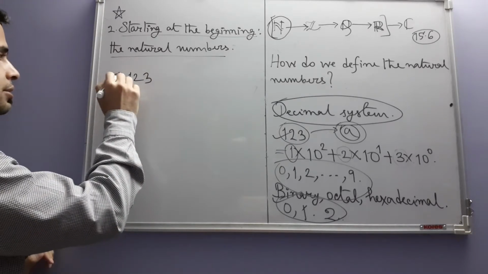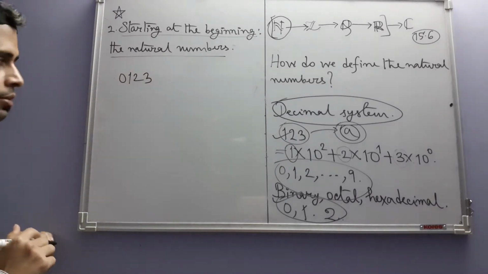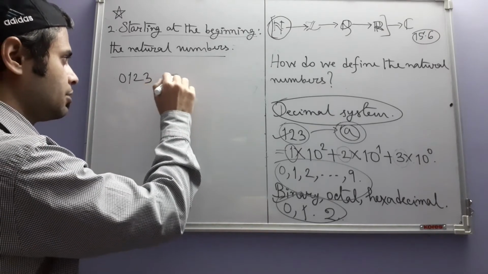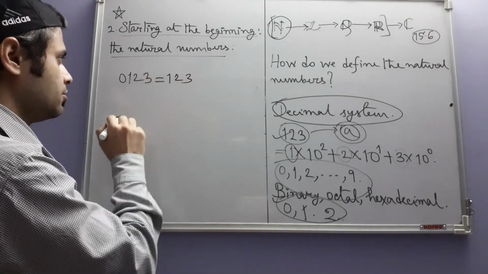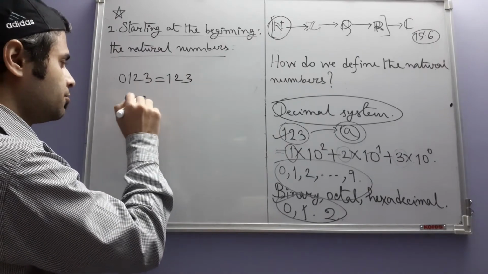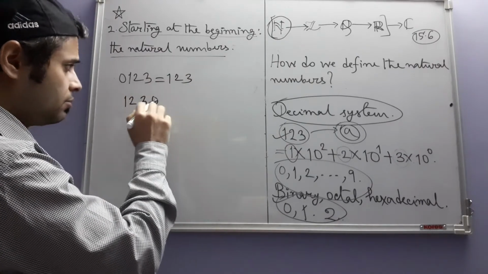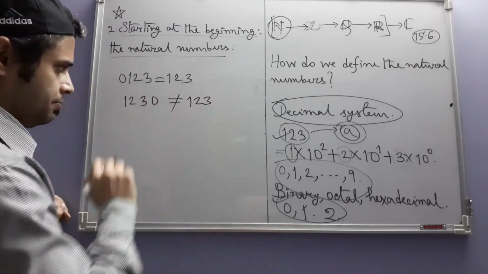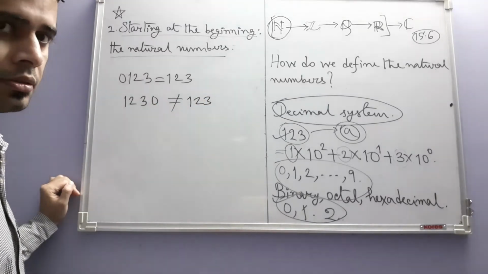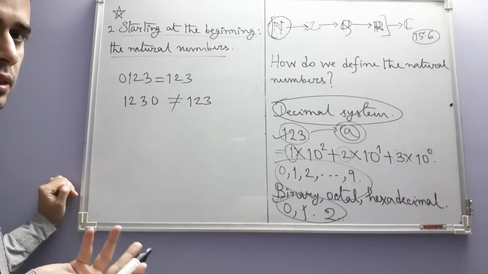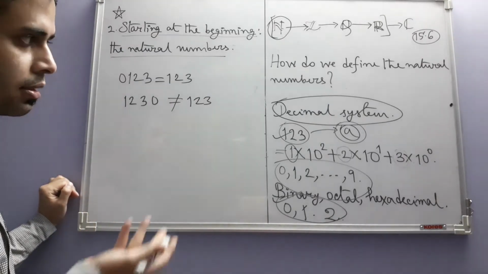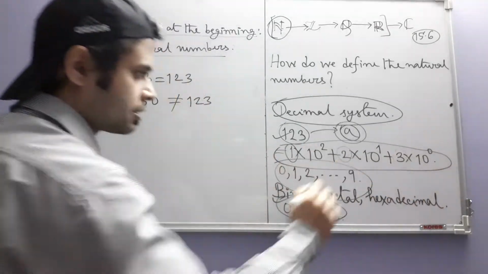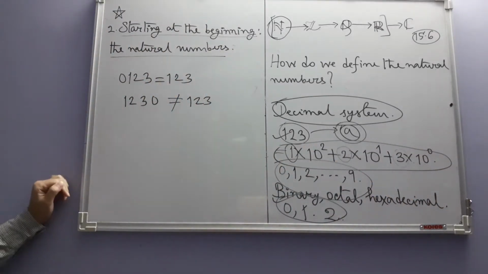If I put a 0 in front of it, then the value of this does not change. It stays 123. These two are equal. But if I put a 0 on the right hand side, then the value changes. Why? Of course, this question is somewhat easy to answer. You can use this type of expression to answer this.